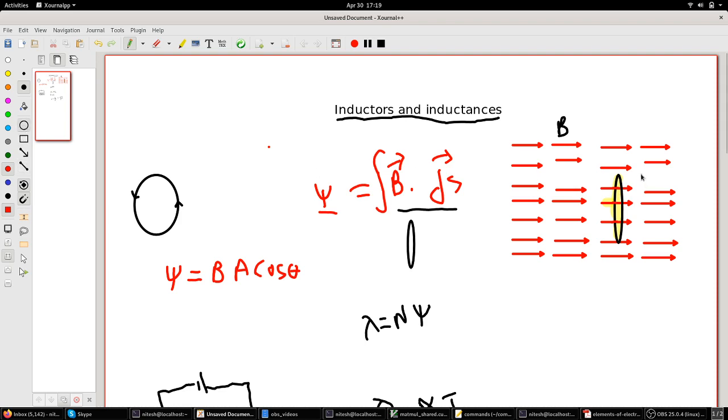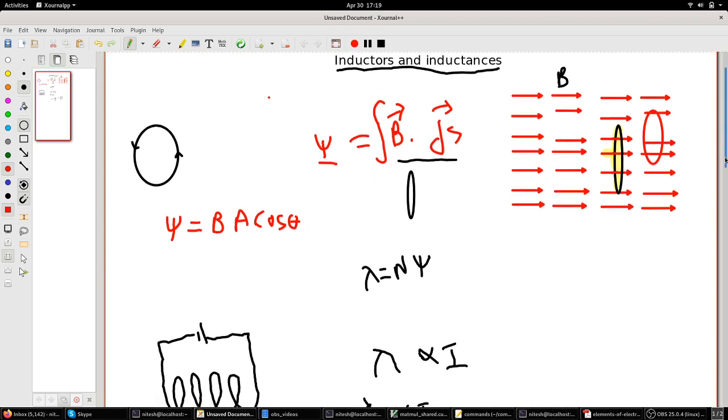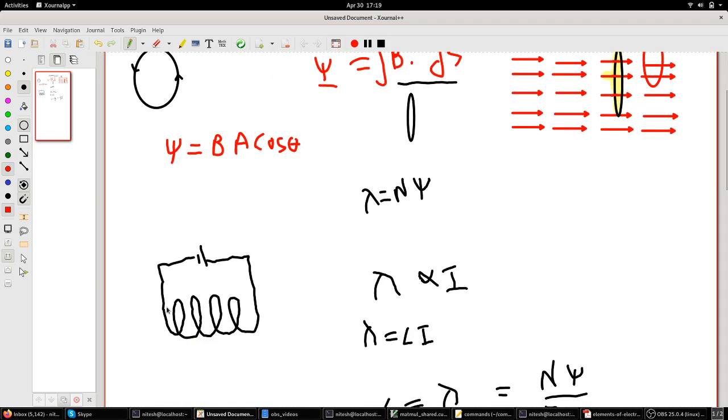Let's say this is your axis at a certain angle. If I just tilt it, then the flux value will change.